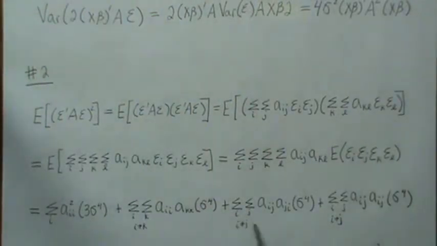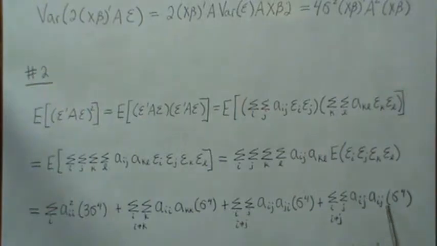And then there were 3 cases where the 2 pairs were equal, but the pairs weren't equal to each other. So that's this case. So just plug in. We go over i and k, i not equal to k, and this one is i and j not equal, and this is i and j. So these are the 3 cases, and every other expectation is 0.